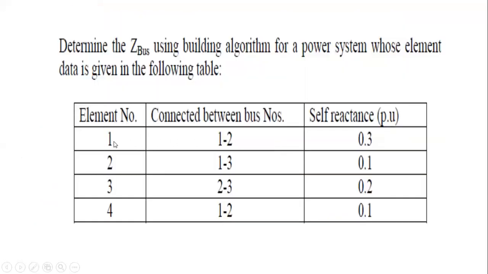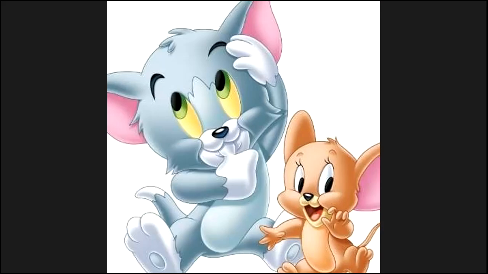We have four elements in this problem, and how many buses are there? Three buses: 1, 2, 3. Elements are four and buses are three.